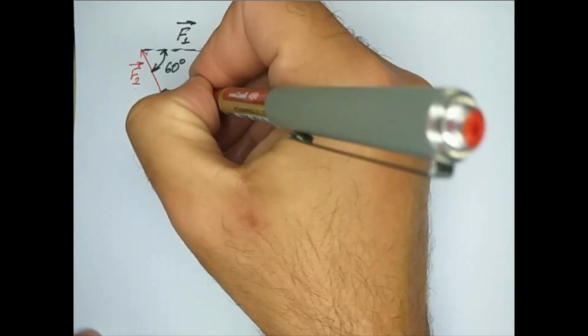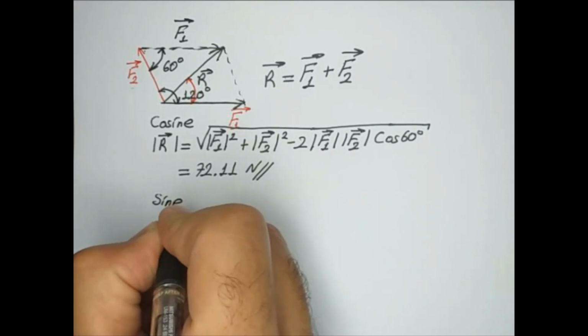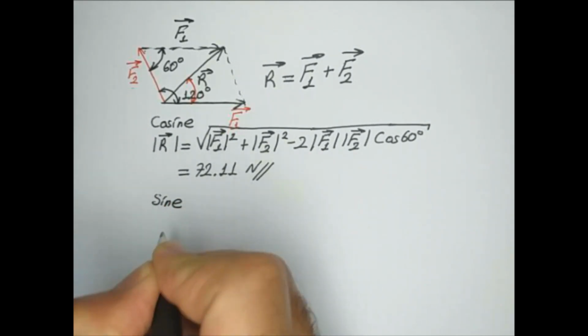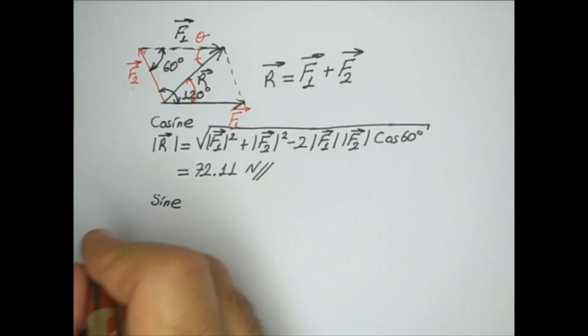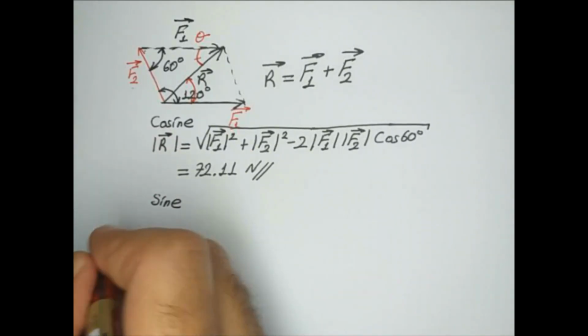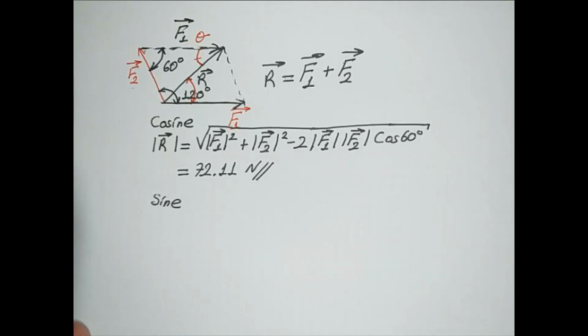Therefore, I can easily write this: magnitude of F2 divided by sine theta is equal to magnitude of R divided by sine 60.